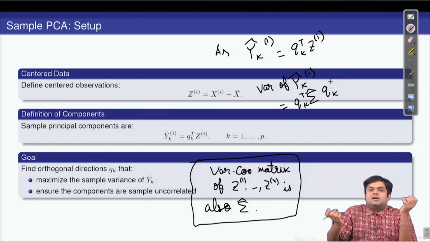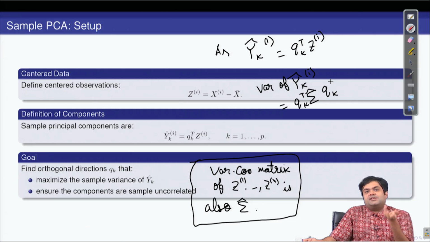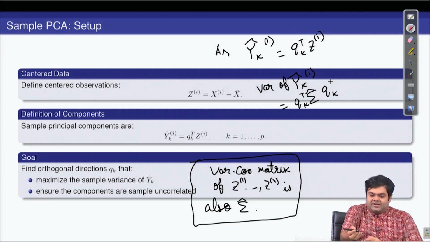So, this is basically finding variance using this variance covariance matrix, something that we have used quite frequently in some last lectures.